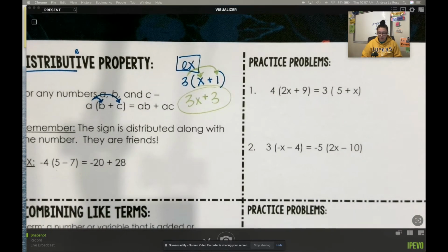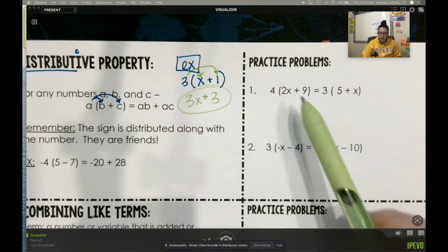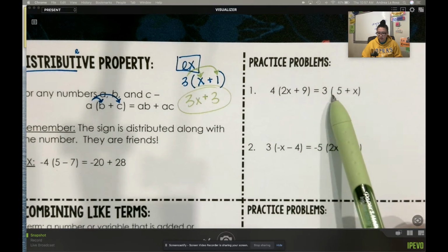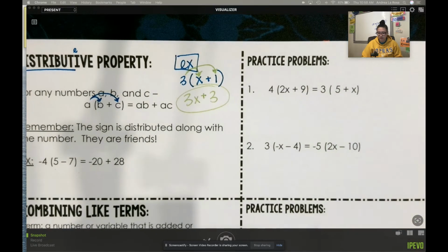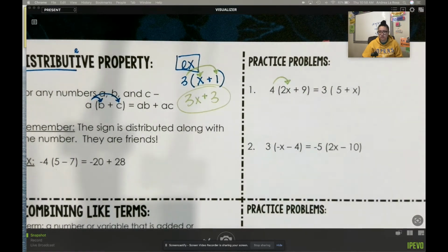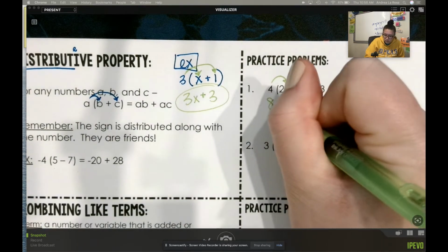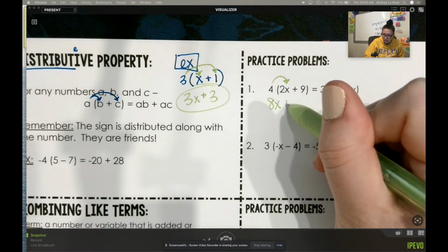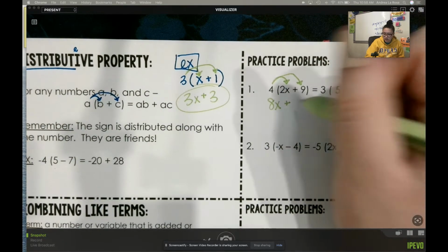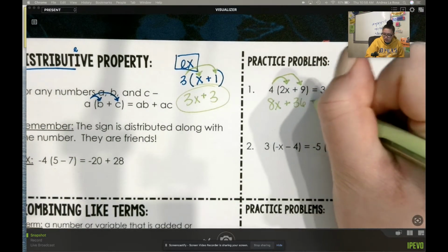This example over here, we have 4 times 2x plus 9 is equal to 3 times 5 plus x. We're just going to distribute. I take 4 times 2x. What's 4 times 2x? 8x plus 4 times 9, which is 36.